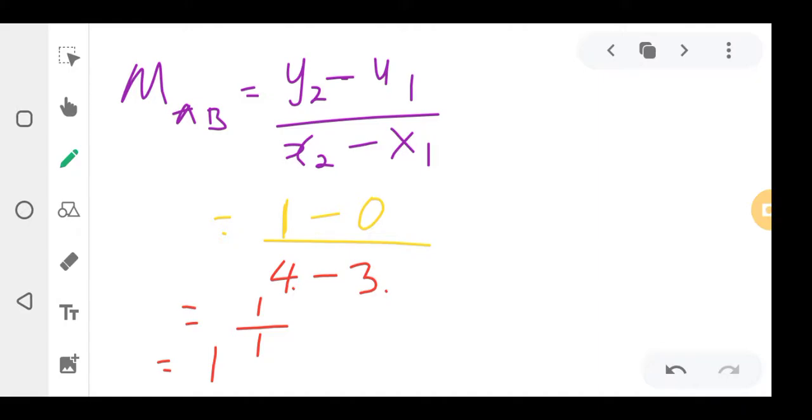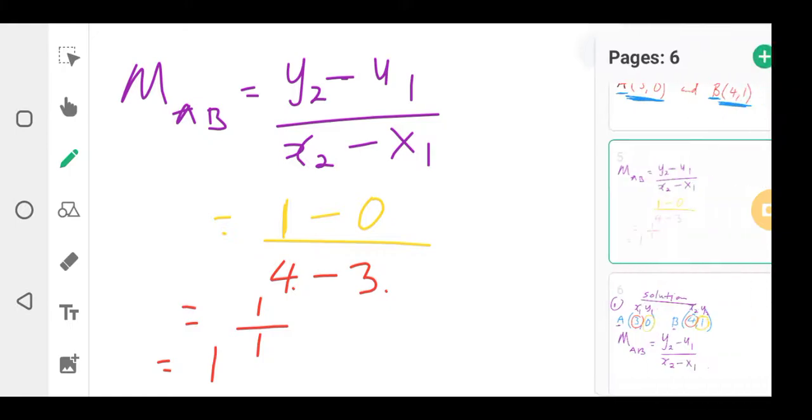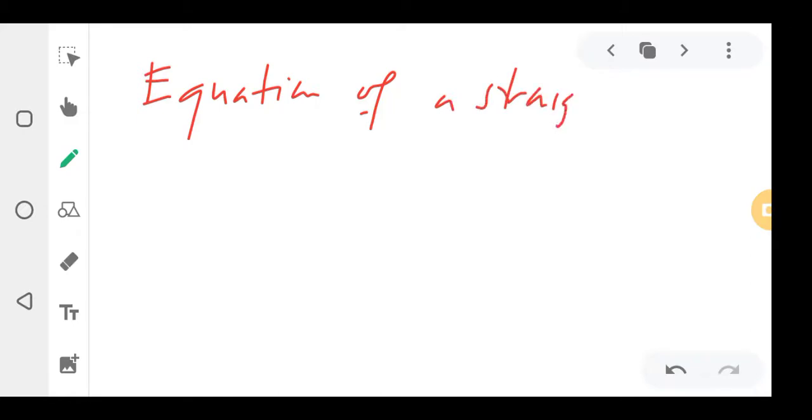When you find the gradient, that's when you now write the equation of the straight line. And what is that equation?